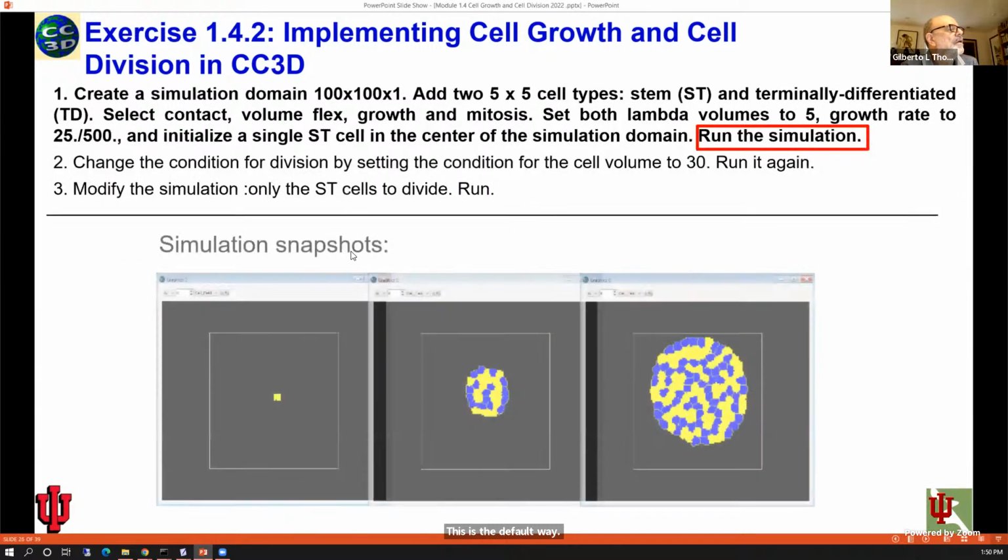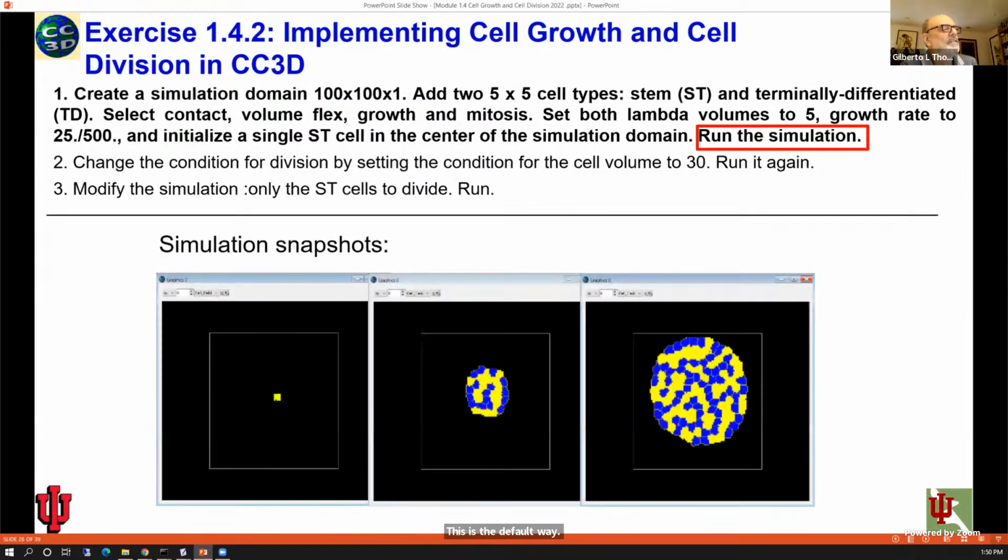So this is the simulation that you must have seen. At the beginning, you have just one single cell in the center of the grid.